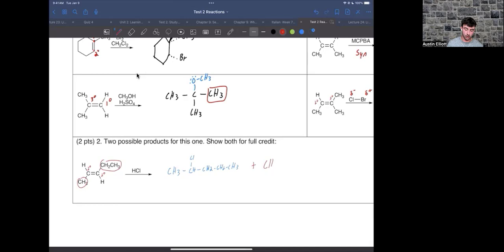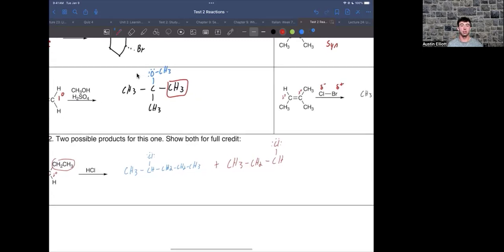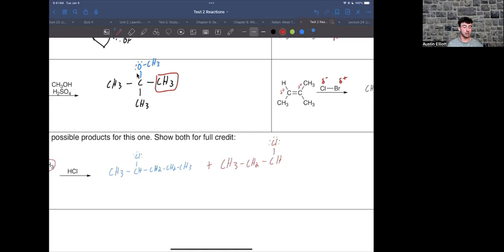So we'll have CH3 once again, this time CH2, we're adding that hydrogen there instead of the middle carbon. And then we'll have CH, add the chlorine there. That's the other 2 prime position. Make sure to add the lone pairs. Very easy to forget. Obviously, I've forgotten on most of them. But when you're going through the problem set and you're checking over it, make sure to do that last minute check. Still there, then CH2, CH3.